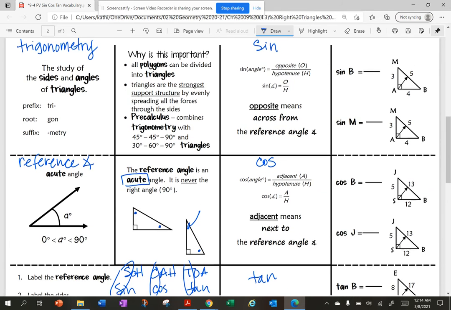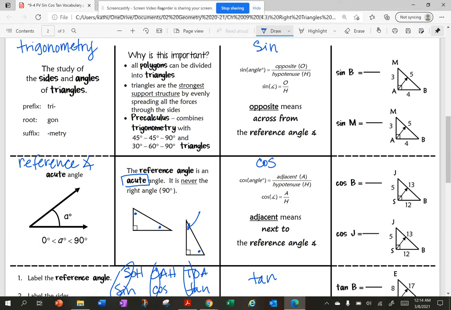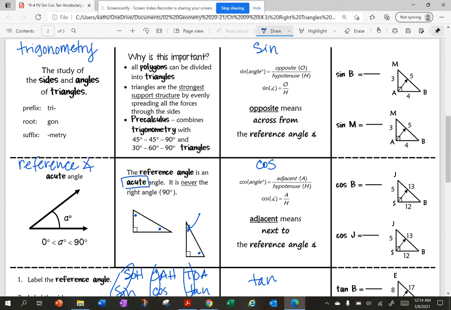Okay, so let's start out with sine. We abbreviate that as S-I-N, but I still say sine. So sine is the opposite side divided by the hypotenuse.